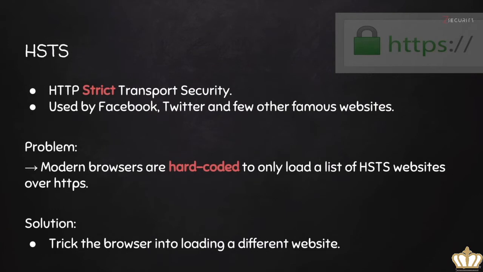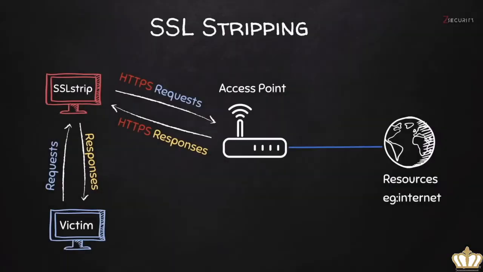The reason it won't work against these websites is that modern web browsers come with a list of websites that they should only load over HTTPS. See, what we were doing in the previous lecture, whenever a browser requests a website, we load that website even if it uses HTTPS, but we always give him back the HTTP version.